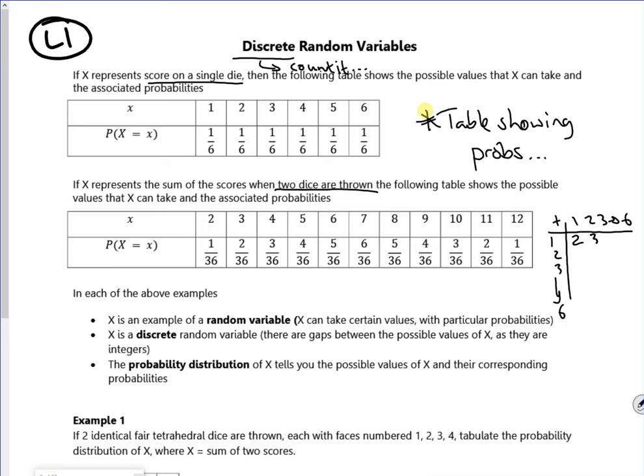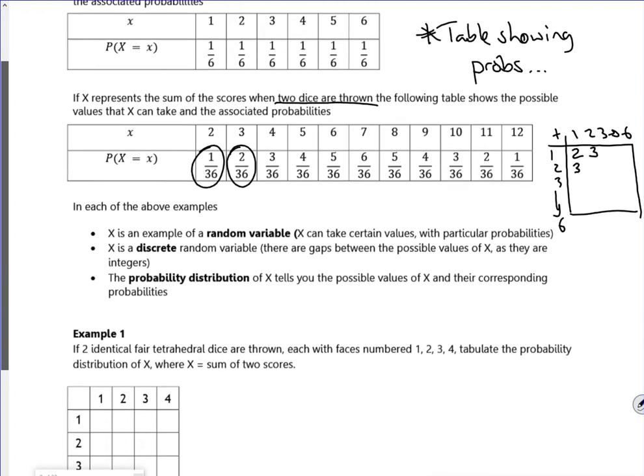A 1 and a 2 gives you a total of 3. There is only 1 two that appears in the table, and this one here is because there are 2 threes that appear in the table. And because it's a 6 by 6 box, it's out of 36.